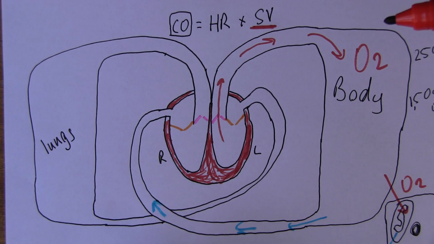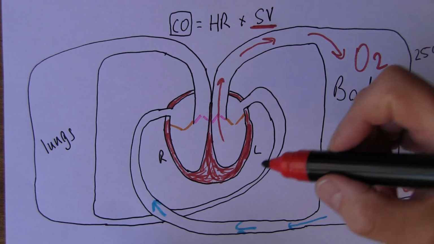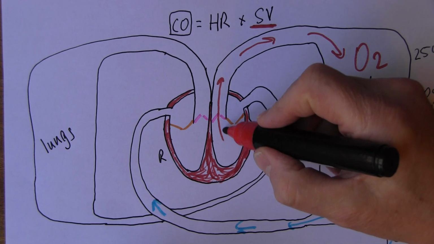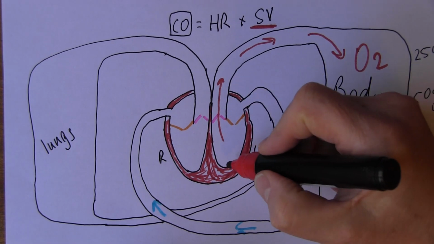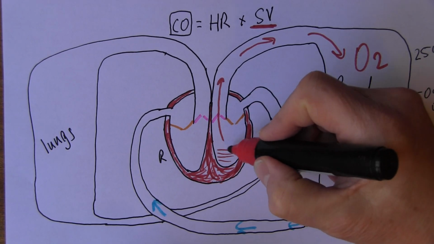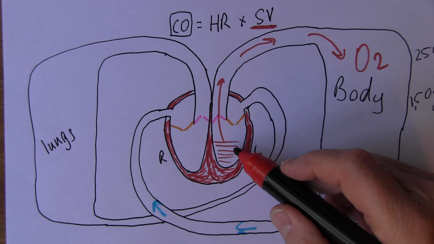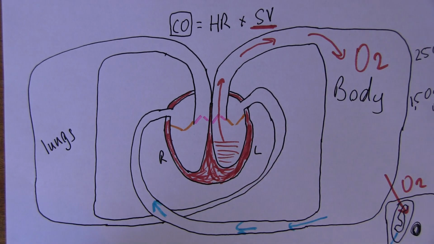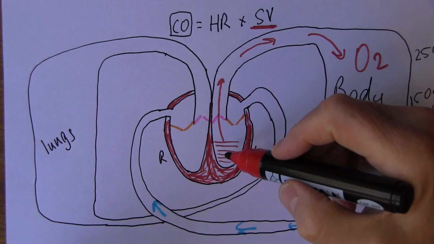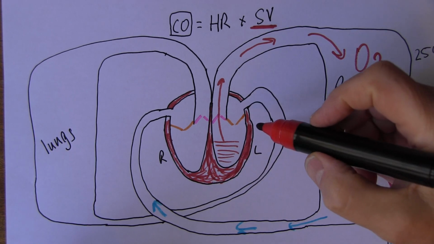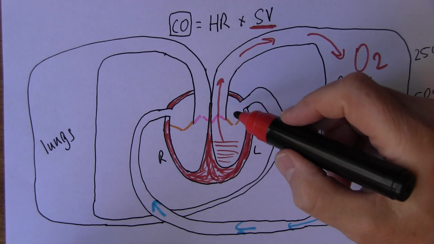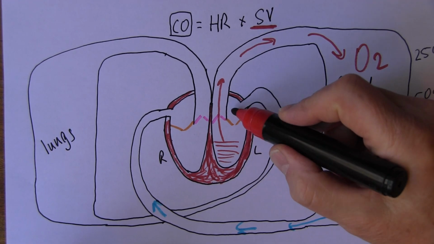But if it's not ejecting as much blood as normal, can you see that instead of being pumped out, some of that blood is going to be left in the left ventricle? It's going to be left there. There's going to be what we call a residual volume. And if there's a residual volume of blood in the left ventricle, is that going to make it easier or harder for blood to go from the left atrium to the left ventricle?